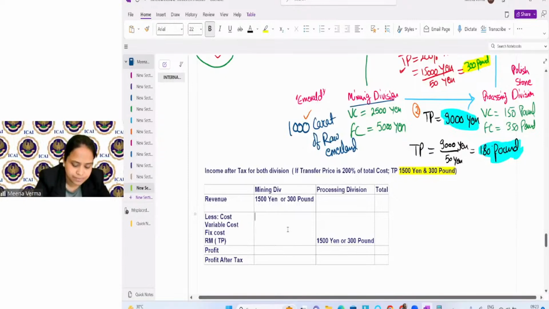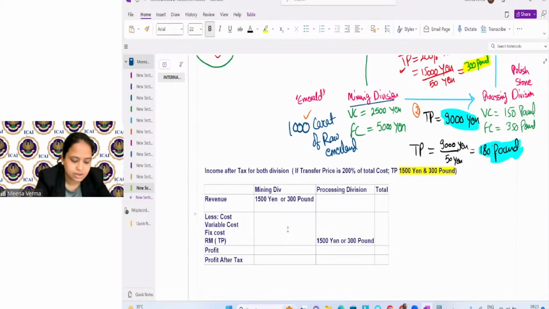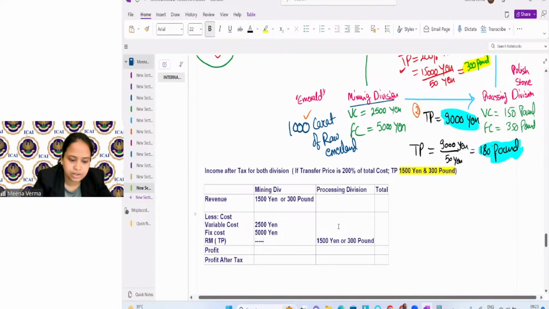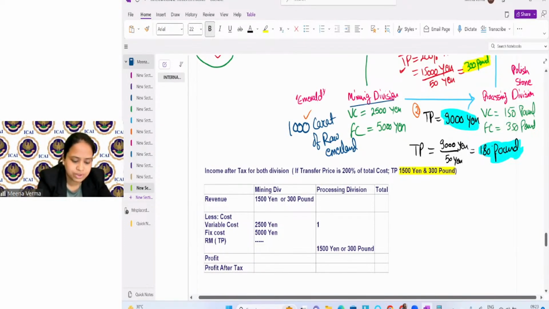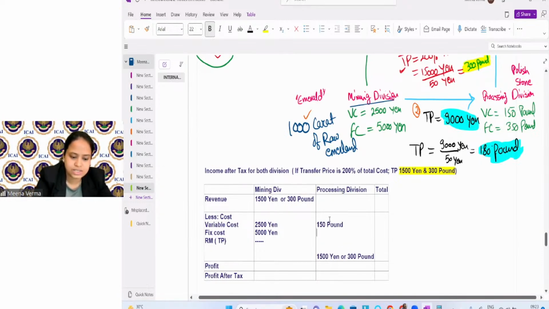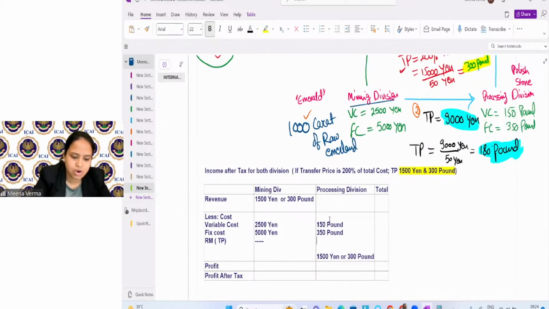All right. Now check what the variable cost is here: 2,500 yen. We will see the fixed cost here: 5,000 yen. And this is not applicable here. For this, 150 pound is the variable cost and 350 pound is the fixed cost.